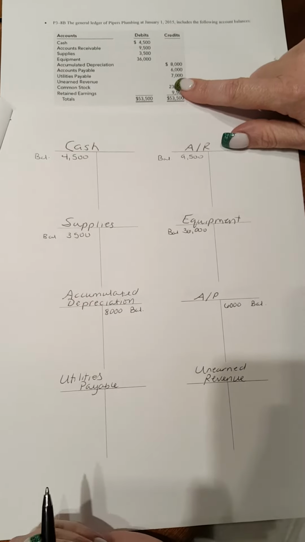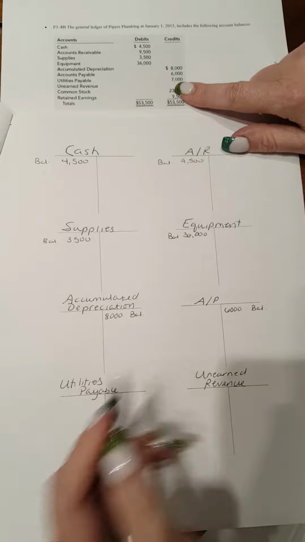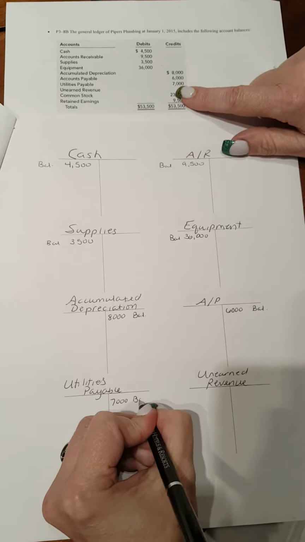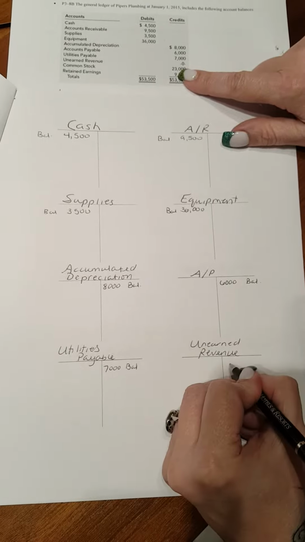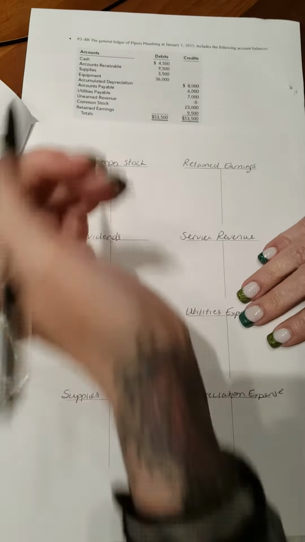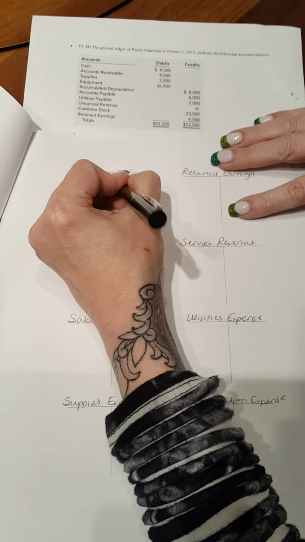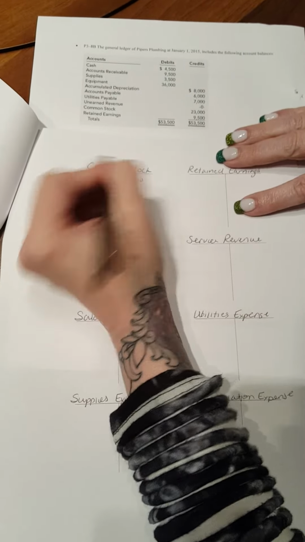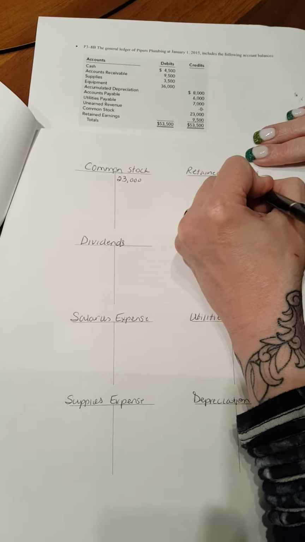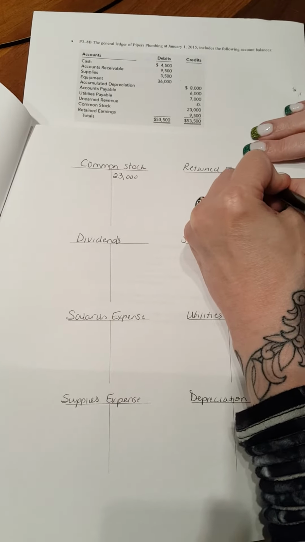Oh, that's accounts payable has a balance of $6,000. Utilities payable has a credit balance of $7,000. Unearned revenue has a zero balance. Common stock has a $23,000 credit balance. And retained earnings has a $9,500 credit balance.